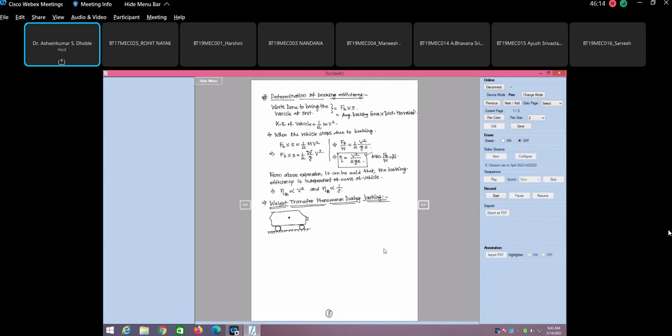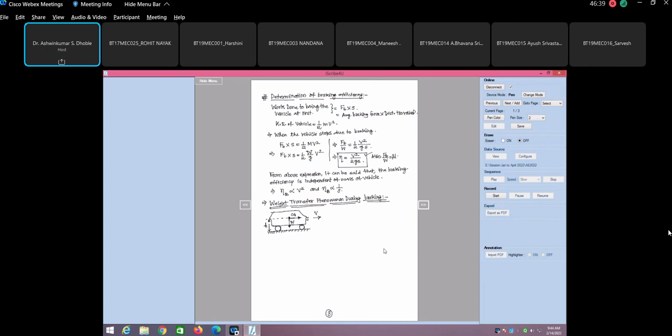Now the vehicle is moving in the forward direction, so let us say this is velocity v. This is the CG of the vehicle, which is located at some height h. Now you see this is the kinetic energy of the vehicle in the forward direction, and the weight is acting in the downward direction.